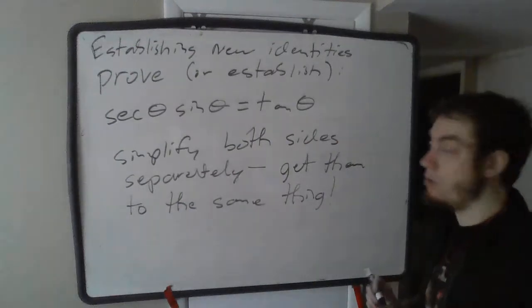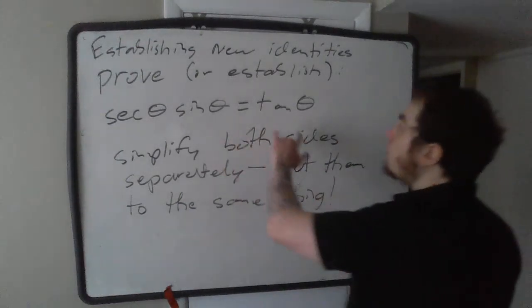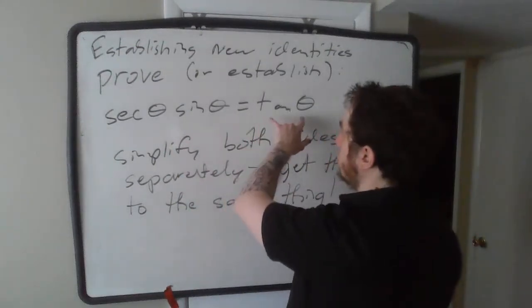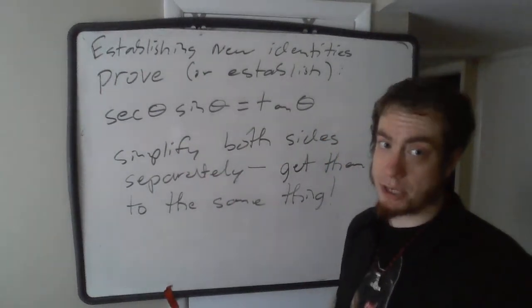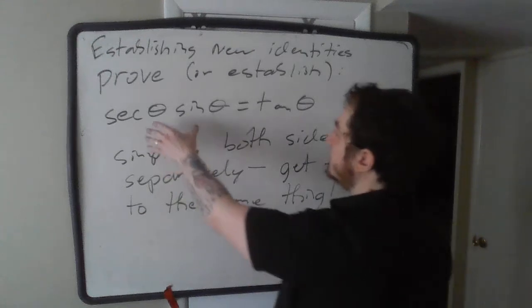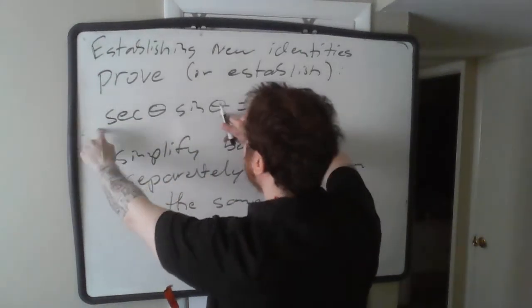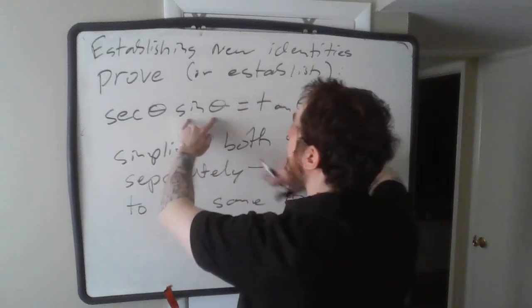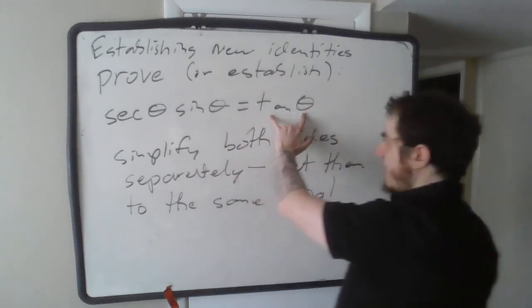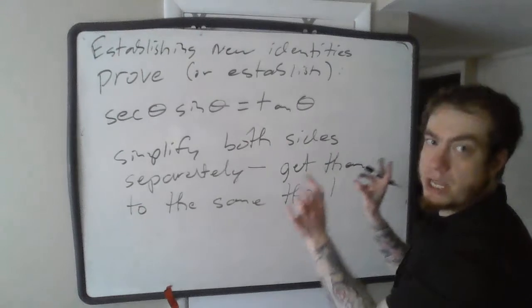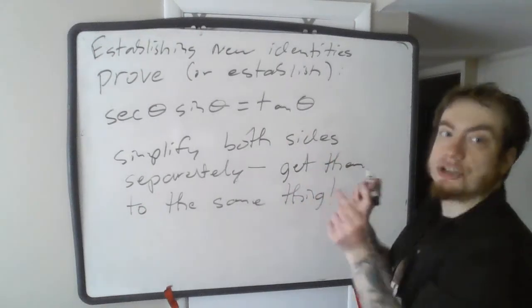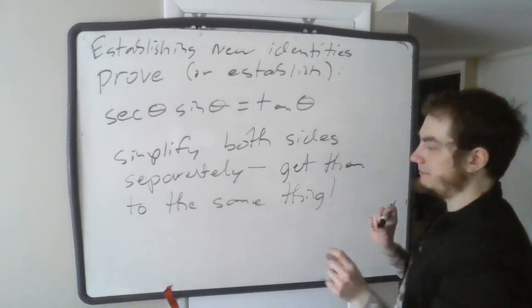You don't want to just assume that this is true and start messing with it, okay? You can't just assume what you're trying to establish. So you really have to say, okay, let's see if we can simplify secant theta times sine theta and simplify tangent theta, and eventually in the process of simplifying both sides, we want to see that they actually simplify to the same thing.